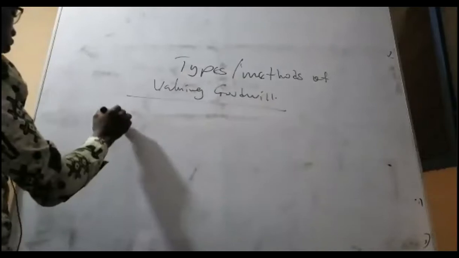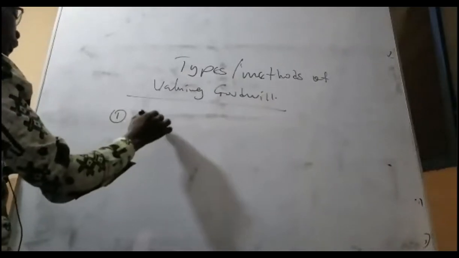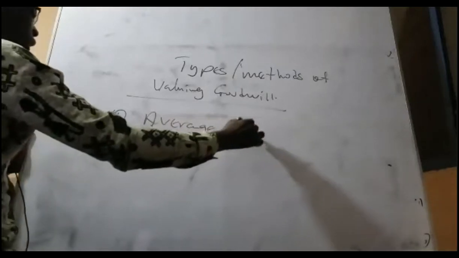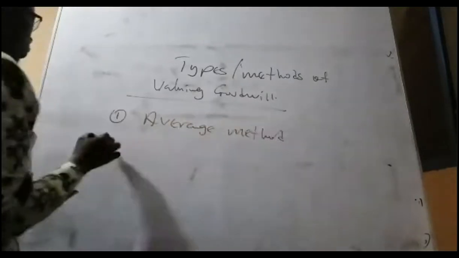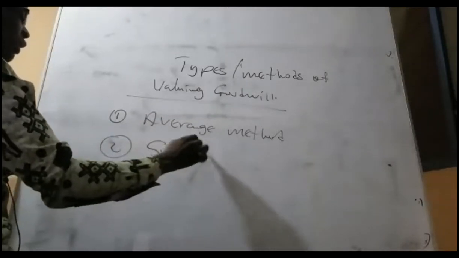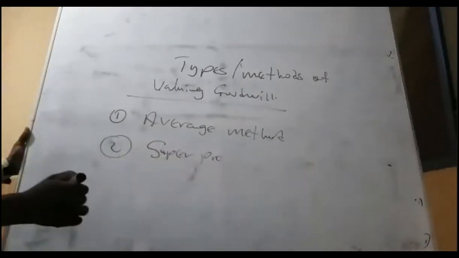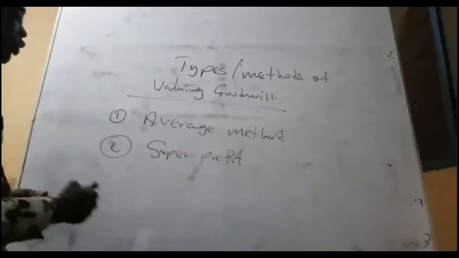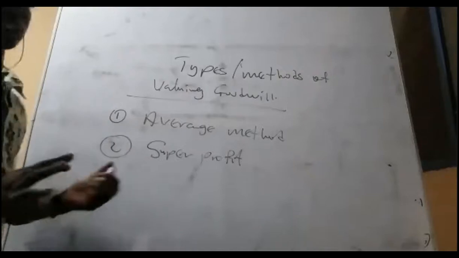Number one, average method. Number two, super profit method. So we quickly look at these two to end the business valuation so that we can solve more questions.